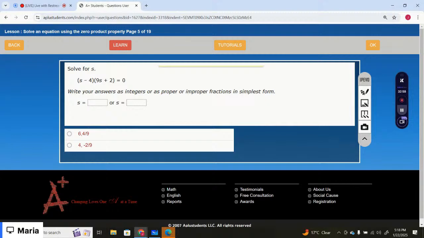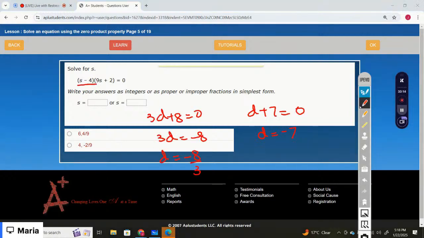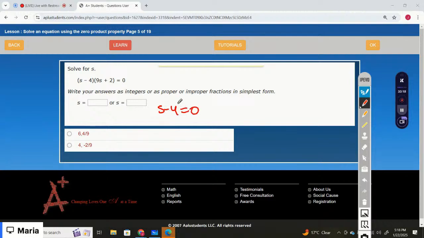Solve for S, which is the correct option. S minus 4 equals 0, and 9S plus 2 equals 0.